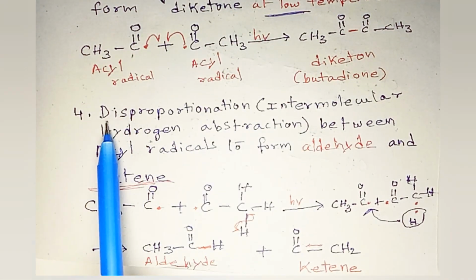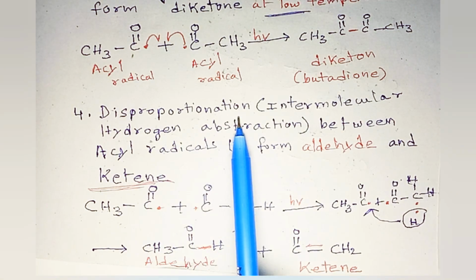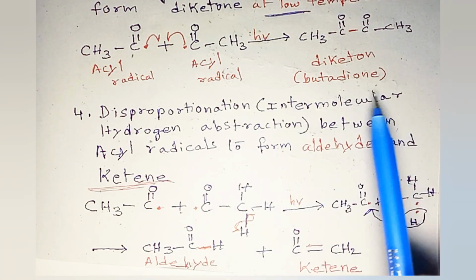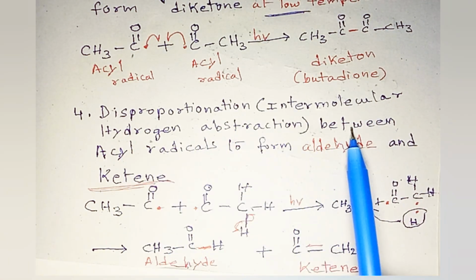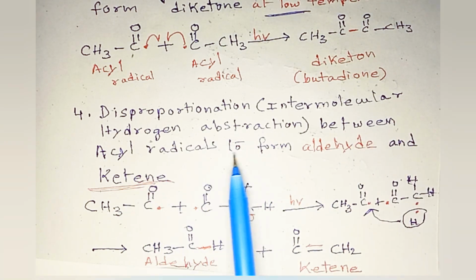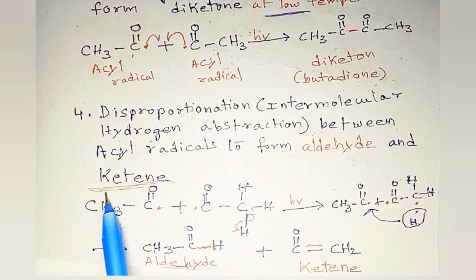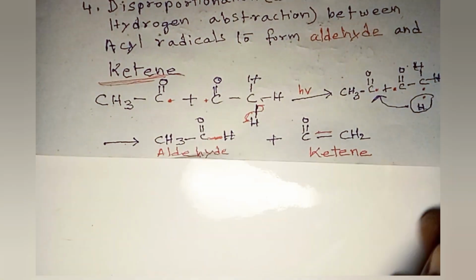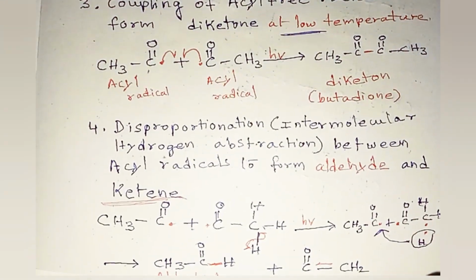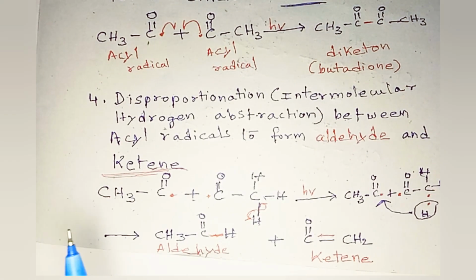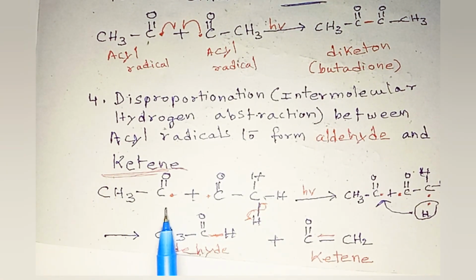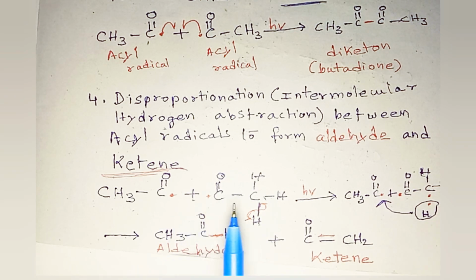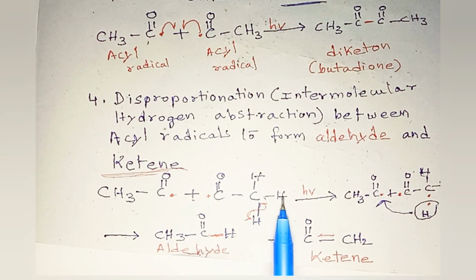Next reaction is disproportionation, that is intermolecular hydrogen abstraction between two acyl radicals to form an aldehyde and ketene. CH3 C double bond O radical and another CH3 C double bond O radical.